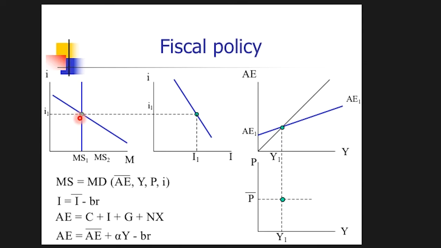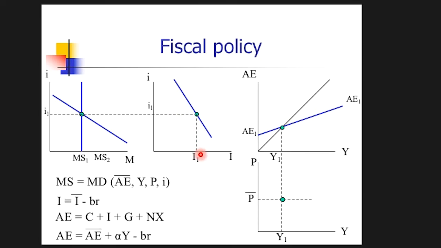So now, in order to analyze the fiscal policy, we will mention two more diagrams. The first diagram is the money market to determine interest rate. And the second is the effect of interest rate on investment.